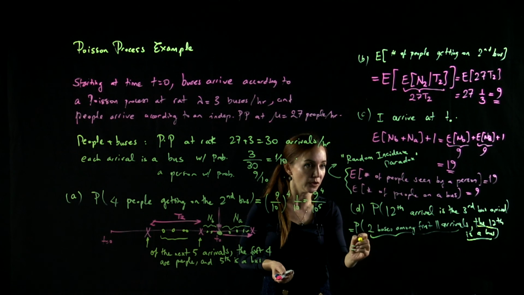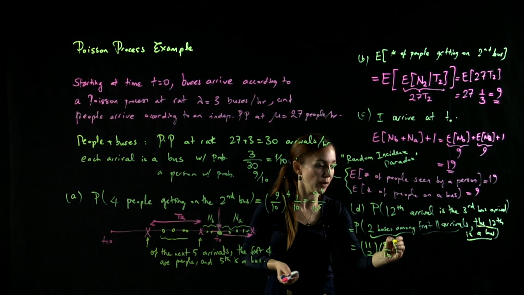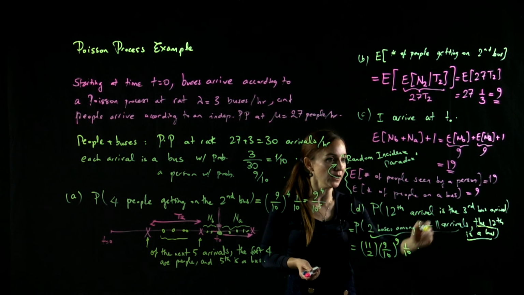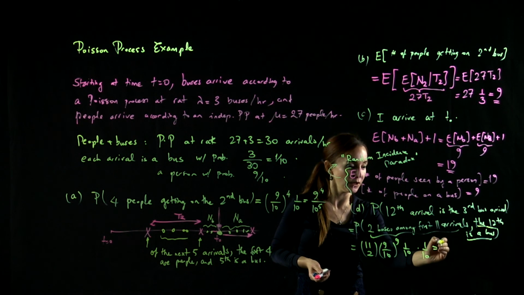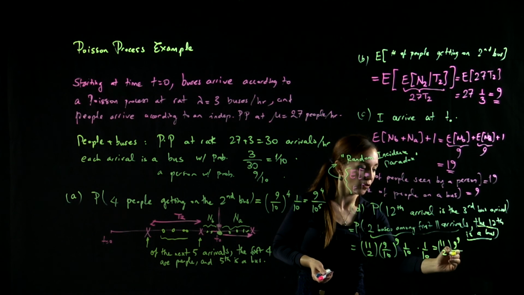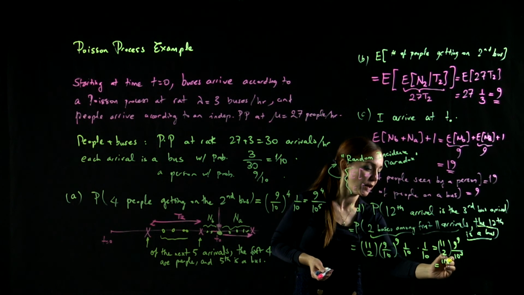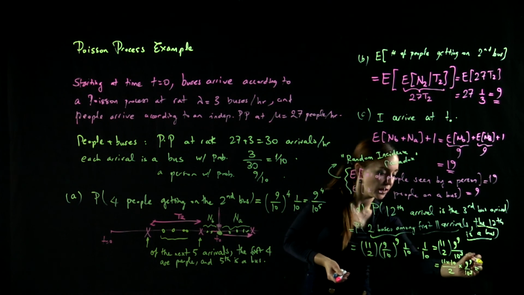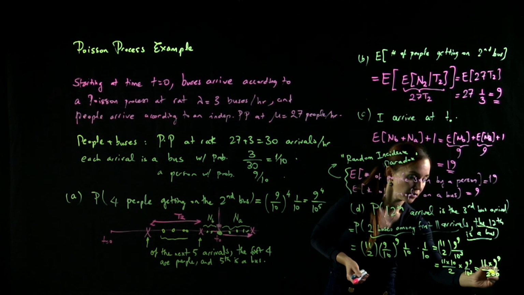So the probability of the first event is 11 choose 2, 9 over 10 to the power 9, and 1 over 10. And the probability of the second event is 1 over 10. So the answer is 11 choose 2, 9 to the 9, over 10 to the 3. In other words, 11 times 10 over 2, 9 to the 9, over 10 to the 3, which is 11 times 9 to the 9 divided by 200.